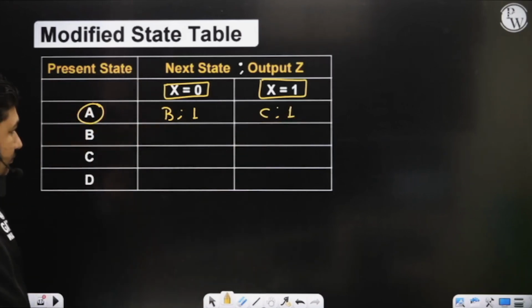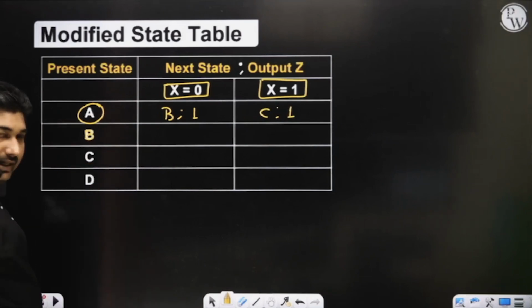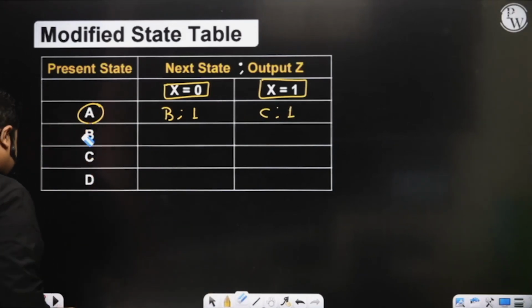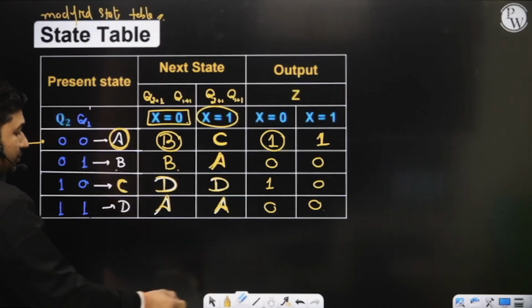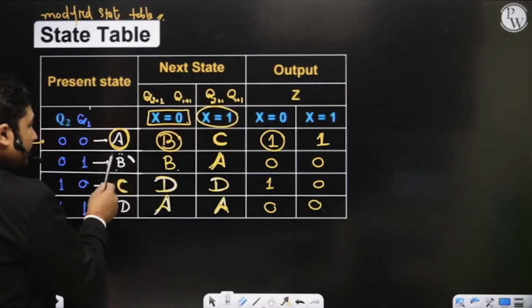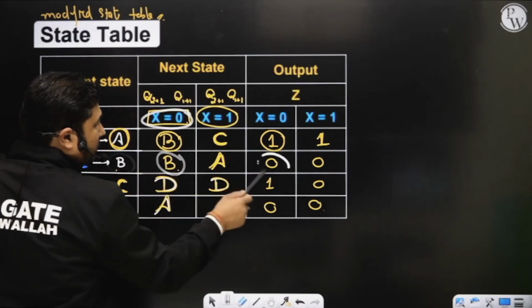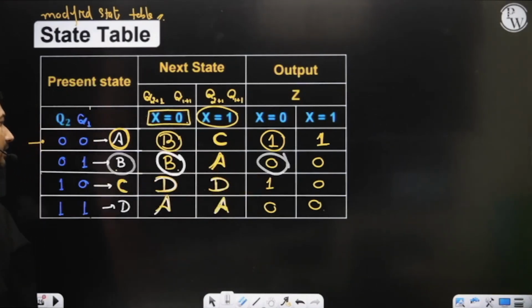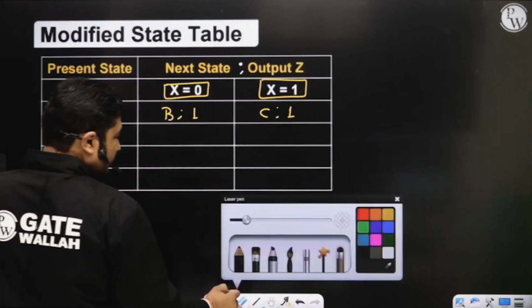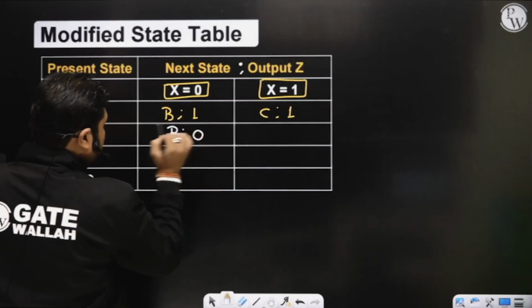Present state B with X equals 0: next state B, output 0. So we can write B comma 0.